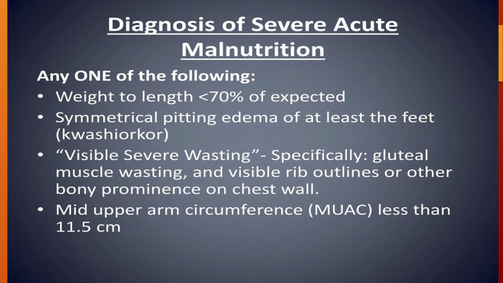If the weight of the child to his length, that means to his height, is less than 70%, then if you see symmetrical pitting edema on both the feet, visible by naked eye, you see severe wasting of the muscles. And lastly, but not the least, is the MUAC less than 11.5 centimeter. These are all 4 categories which would help you to categorize the acute malnutrition.